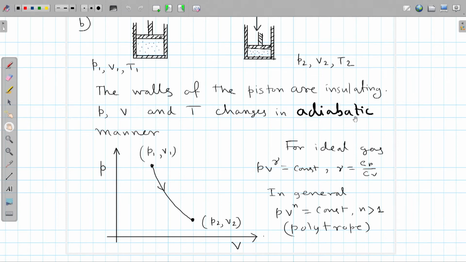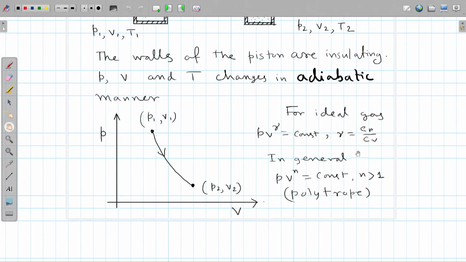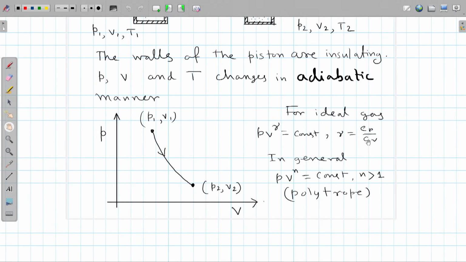Now for an ideal gas, we know that the adiabatic process is PV to the power gamma equal to constant. We will prove that when we discuss the adiabatic process once again, or actually you can do it yourself. I need not do this, it's so simple. Gamma is equal to Cp by Cv.